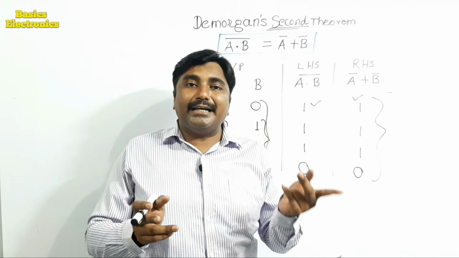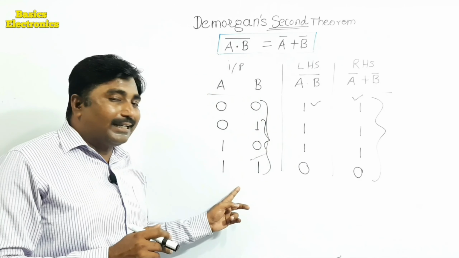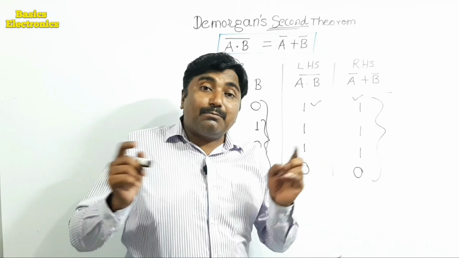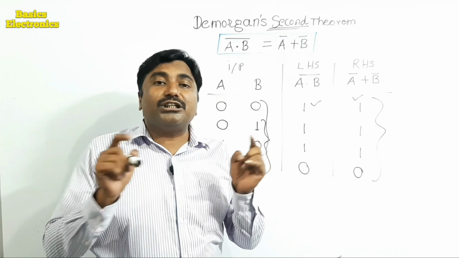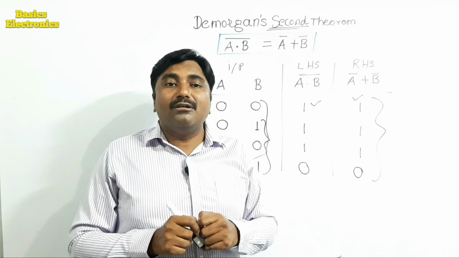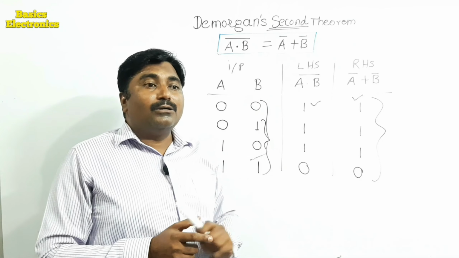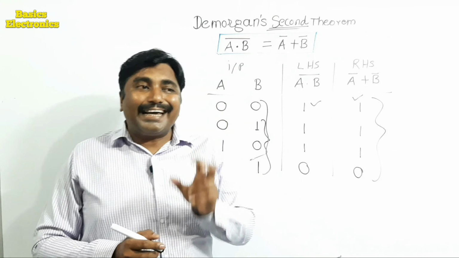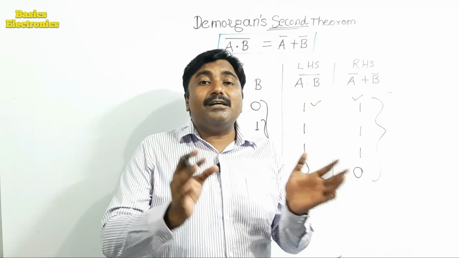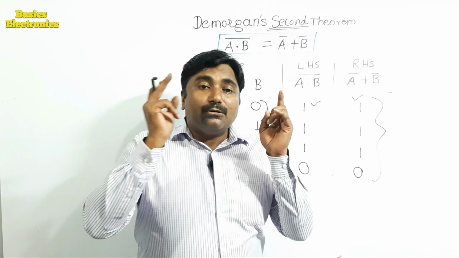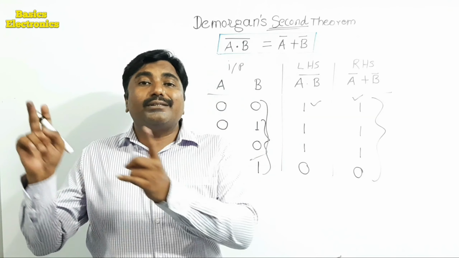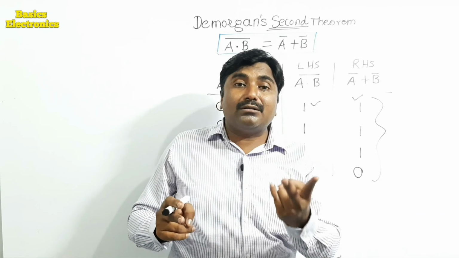First combination A 0, B 0, like we saw in the truth table. After that, we have to draw the logic diagram and this symbol, and then the truth table. Generally the question for De Morgan's theorems means we have to state and prove both theorems.